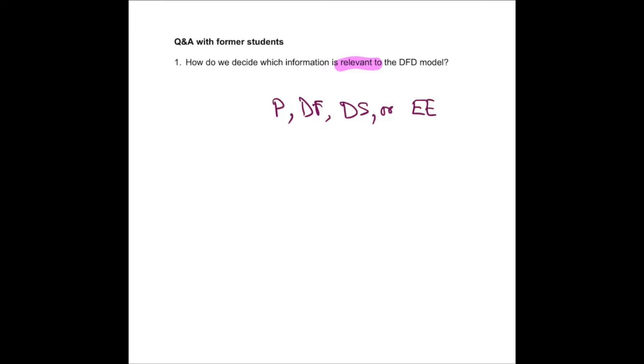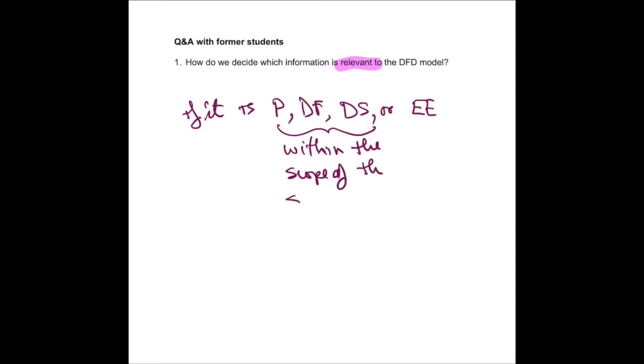Nothing else is there. So when you sort through the information given to you, if the information is either a process, data flow, or data store that is within the scope of the system, or it is an external entity that interacts with the system, then it is relevant.